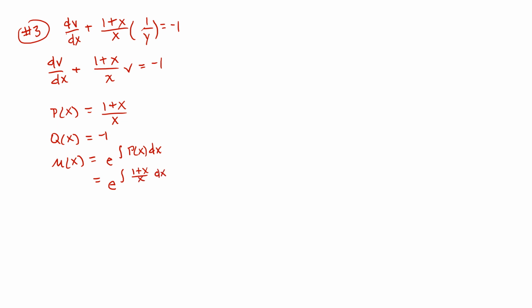I'm going to simplify my power. So I'm going to split my integral into 2. So I'll have the integral of dx over x plus the integral of 1 times dx, so just dx. When I simplify this, I will then get the natural log of x plus x.